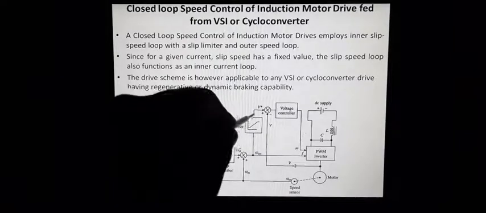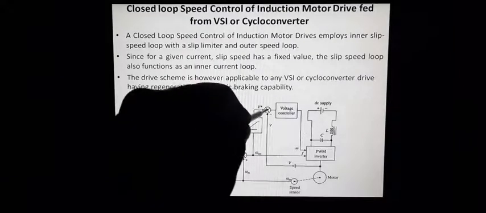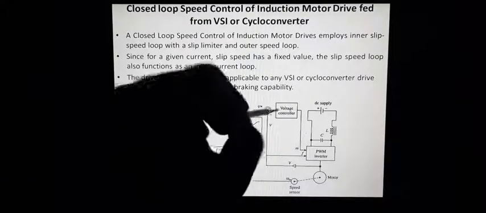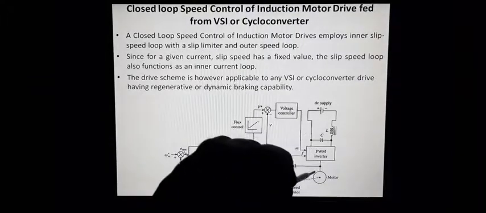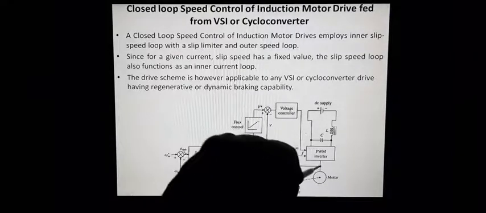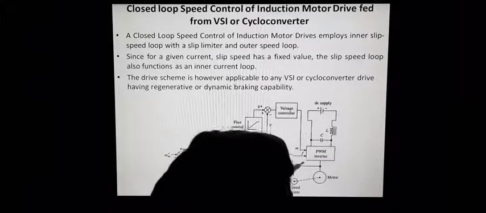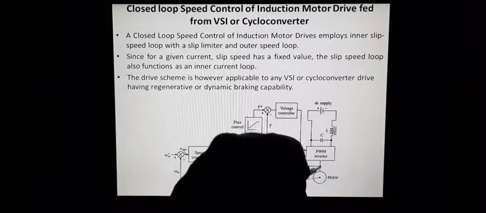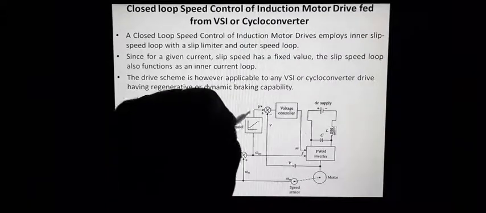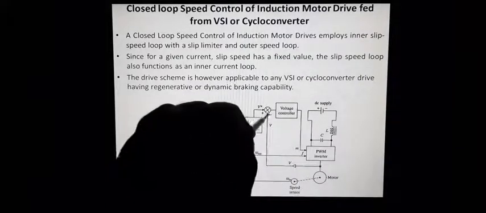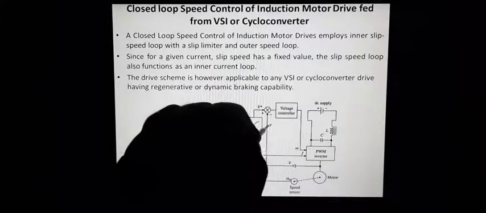So that voltage you will be getting here, that voltage you will be giving as a reference. Then see, the feedback voltage will be taken by using a voltage sensor here. So this is the reference voltage, and this is the actual voltage at which the machine is working.